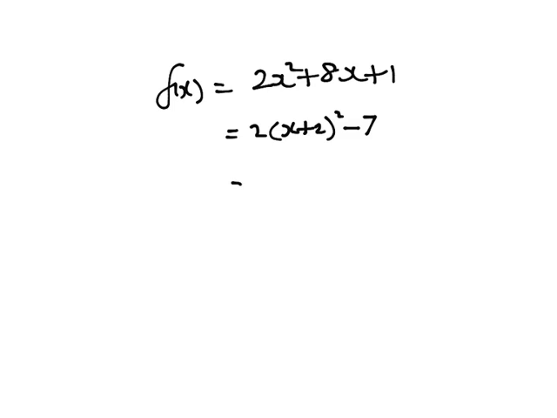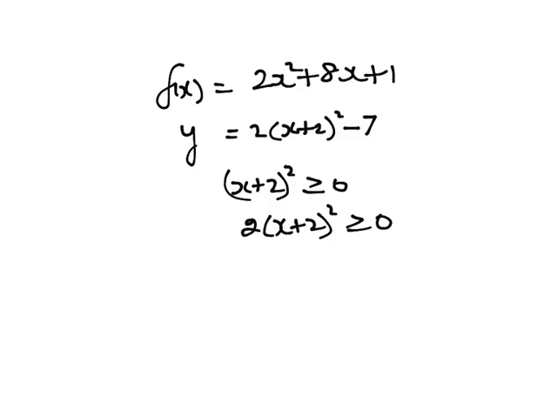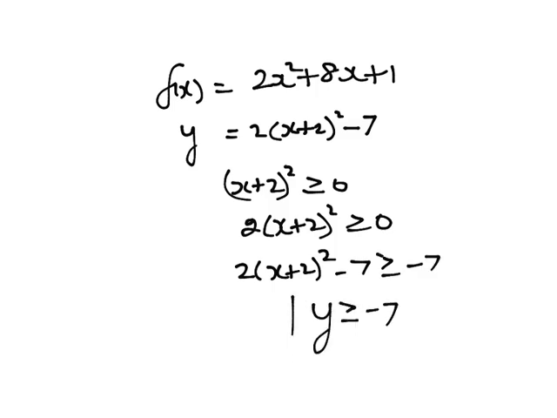So again, this is nothing but y for me. So (x plus 2) the whole squared is greater than or equal to 0. And 2 times that is also greater than or equal to 0. And 2 times (x plus 2) the whole squared minus 7 is greater than or equal to minus 7. That means y is greater than or equal to minus 7. So this is the range of this function.